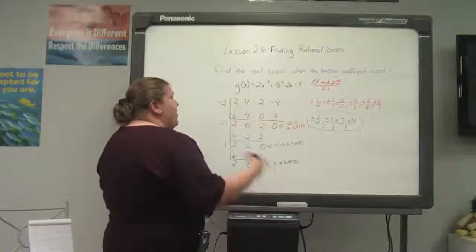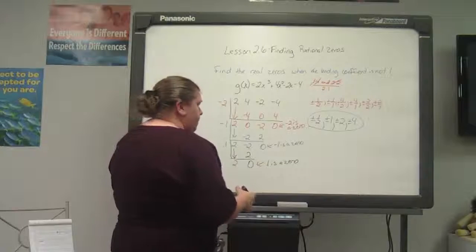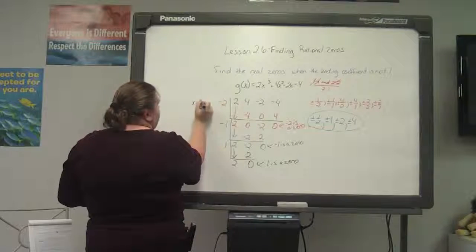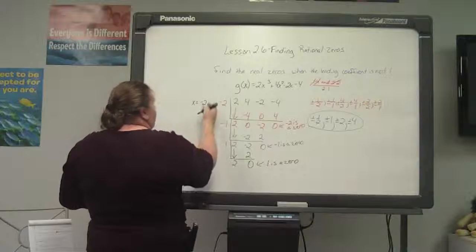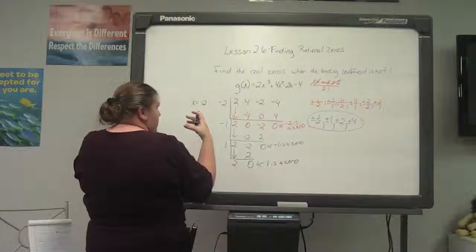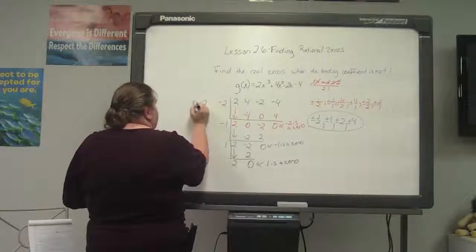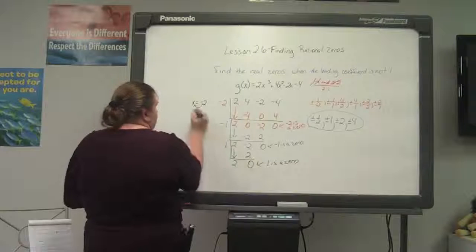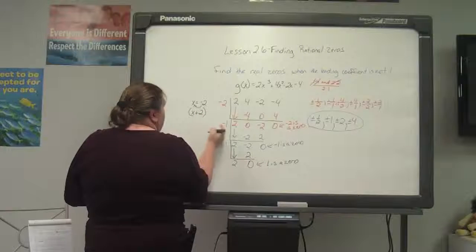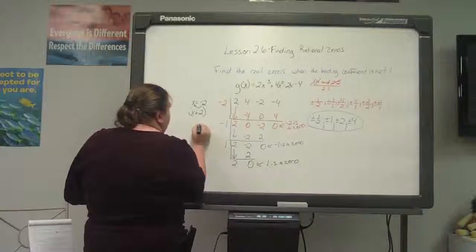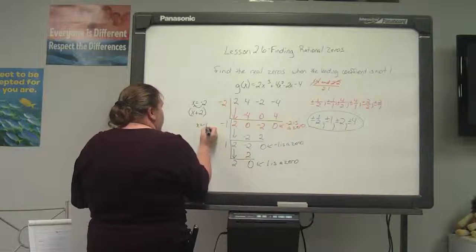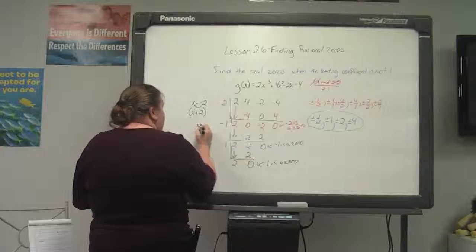Again, if you want to put that back in factored form, you're going to solve x equals a negative 2. You're going to move the negative 2 over to the side of the equal sign that has the x. And in doing that, you change the operation. So it becomes x plus 2. So negative 1 means x equals a negative 1. We want everything to one side, and so we're going to move the negative 1 over to the side with the x.